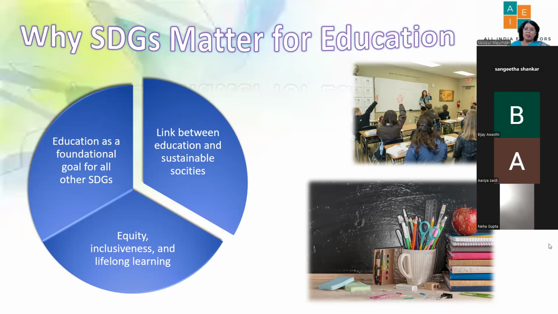Now, peace, justice, and strong institutions, goal number 16 of the SDG goals. Again, with education, civic and moral education builds respect for law, justice, and human rights, reduces conflicts, reduces differences, reduces disparities, and a peaceful society starts in a classroom that teaches empathy, equity, and ethical thinking.